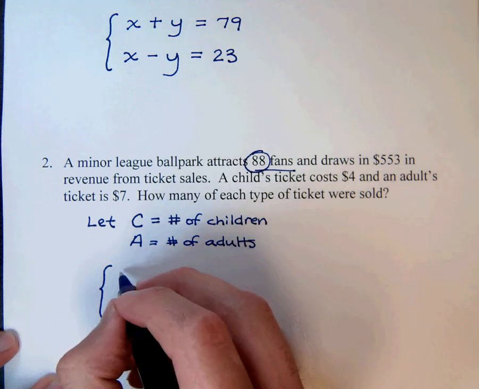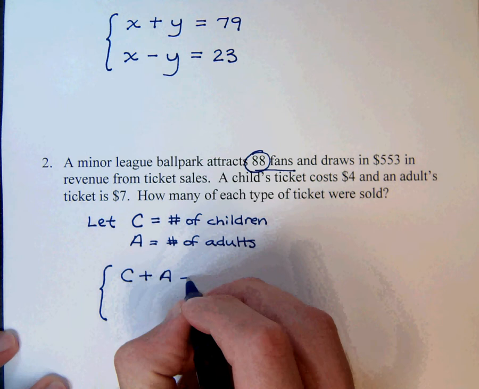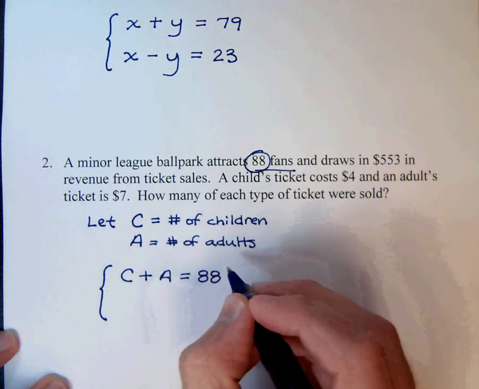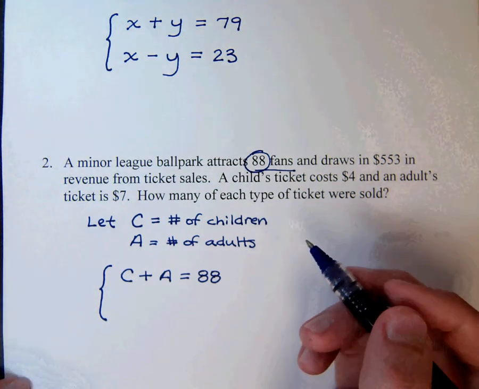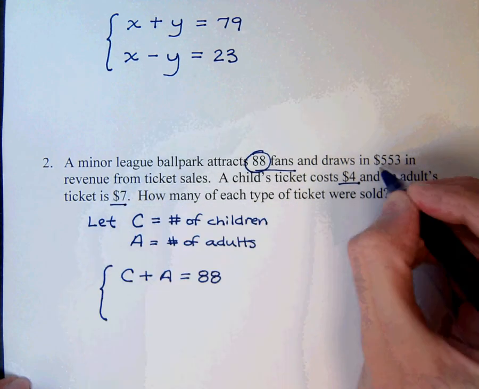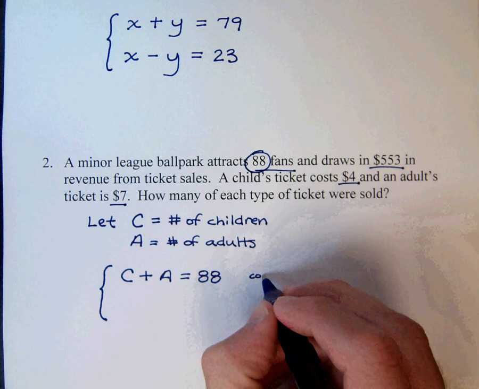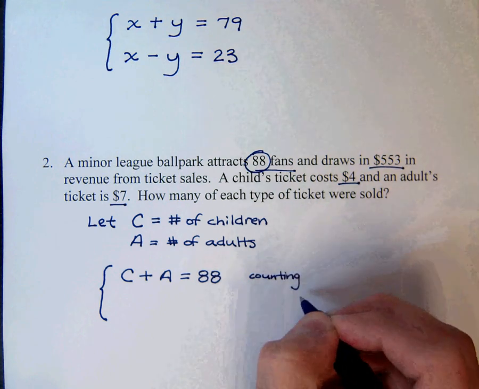So when we add the number of children and the number of adults, we come up with 88 people that saw the minor league ball club. Now, we have to somehow figure in the money.